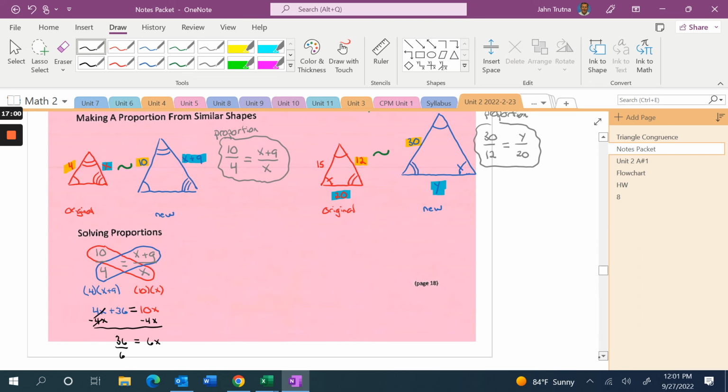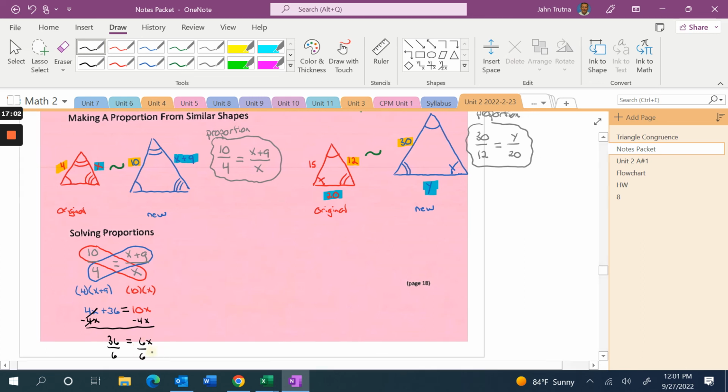Then I would divide 36 by 6. The x's would cancel each other out, and I would get, for this proportion, x is equal to 6. Okay, so going up to the problem above it, what I just found out is that in the red triangle, x is 6. So that means that right side is 6. And in the blue triangle, since x is 6, that side is 6 plus 9, which is 15.